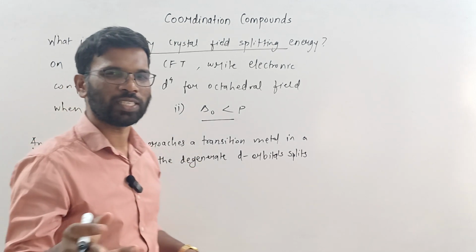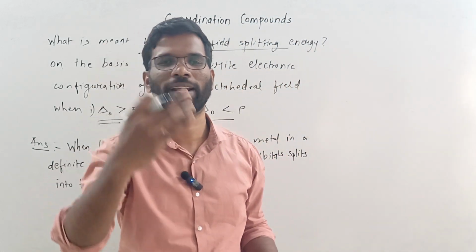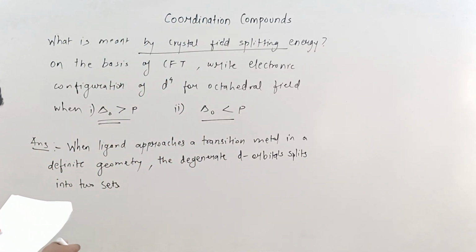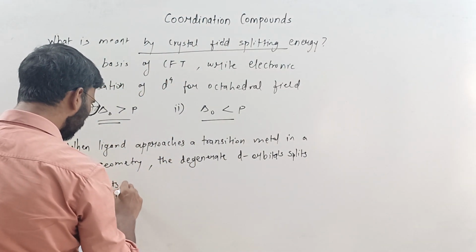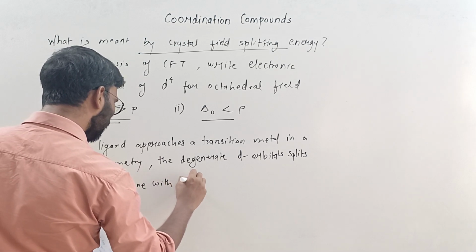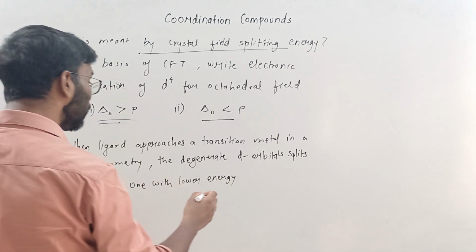One set is dxy, dyz and dzx, in the T2g level with lower energy, and the other set is dx square y square and dz square with higher energy.